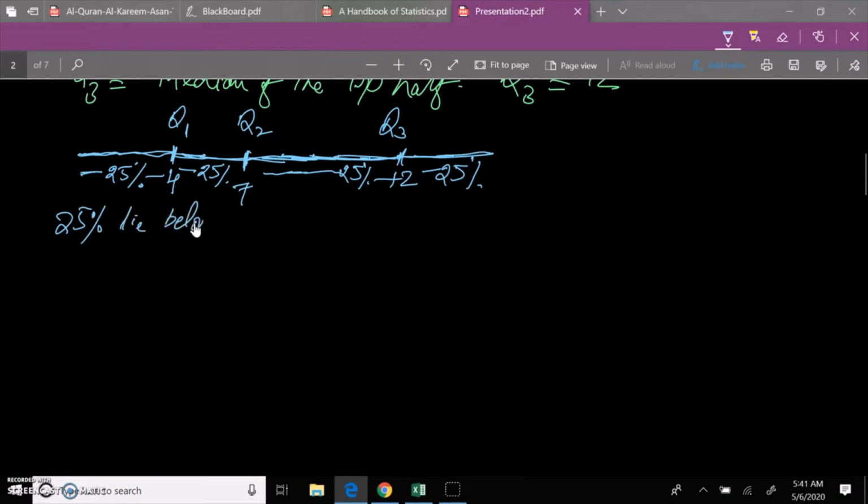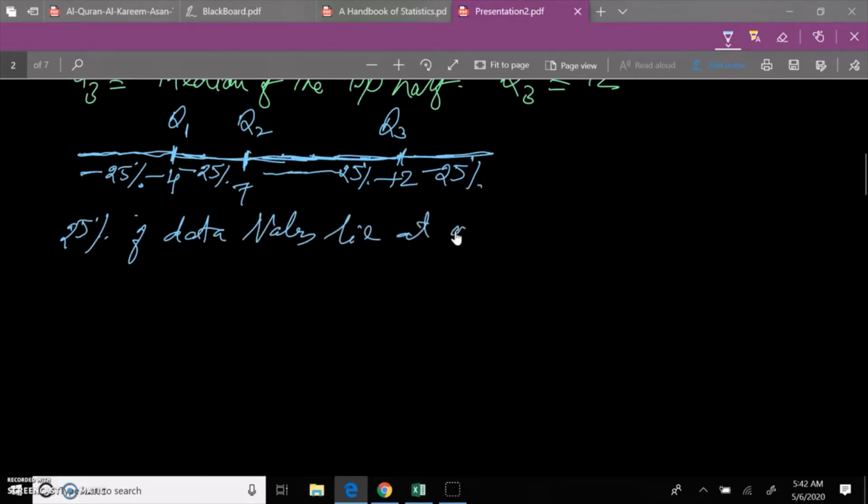I can say this in another way: 25% of my data values lie at or below 4.